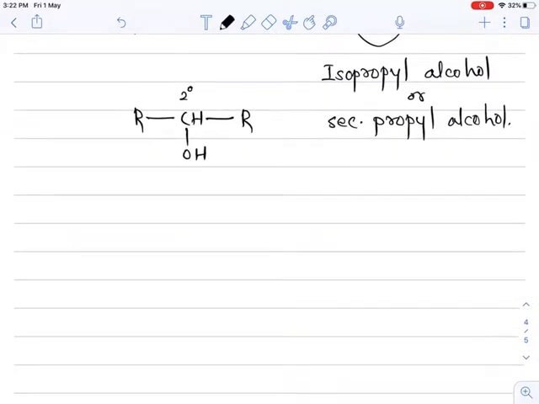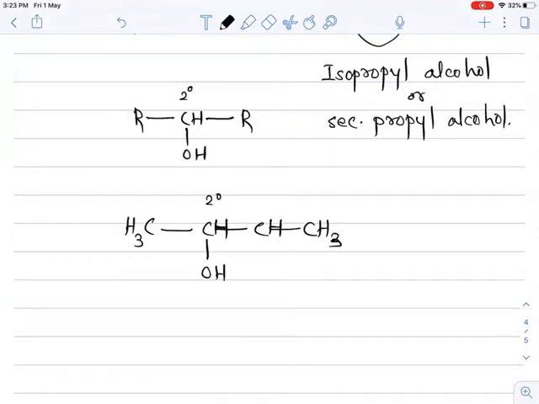If we take one more example of secondary alcohol, then a 4 carbon containing alcohol is there, in which this is the secondary carbon atom to which the OH group is attached. Now complete the valency of the other carbons by hydrogen, we will get its structural formula.